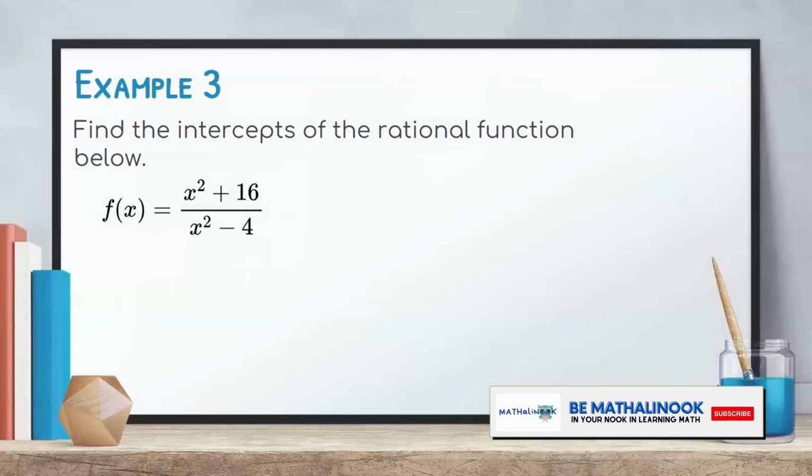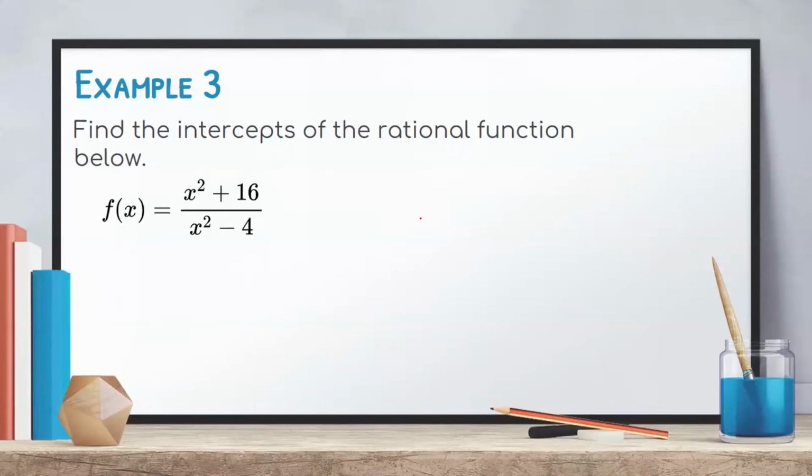Lastly, find the intercepts of the rational function below. f of x equals x squared plus 16 all over x squared minus 4. Once again, to solve for the x-intercept, set y equal to 0. So we will have 0 equals x squared plus 16 all over x squared minus 4.